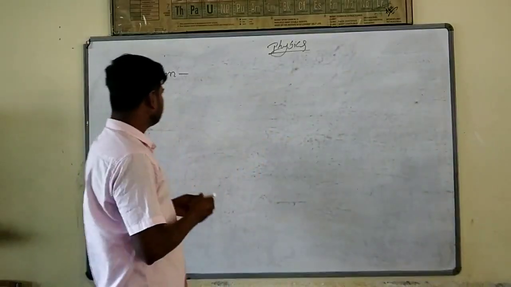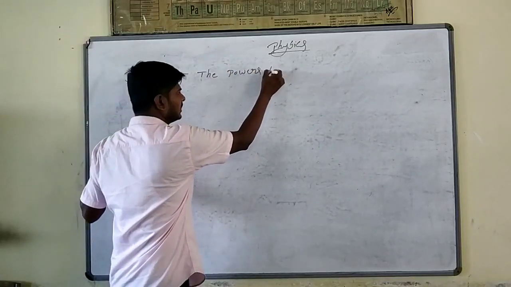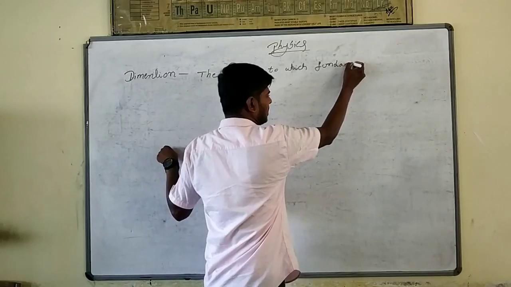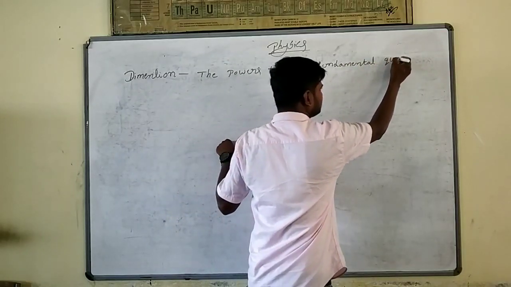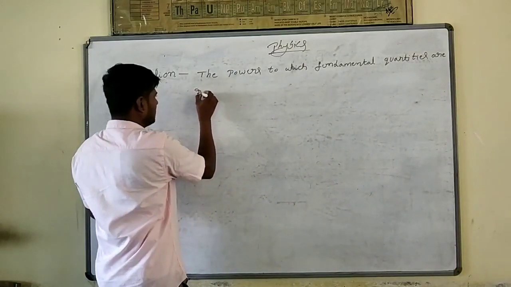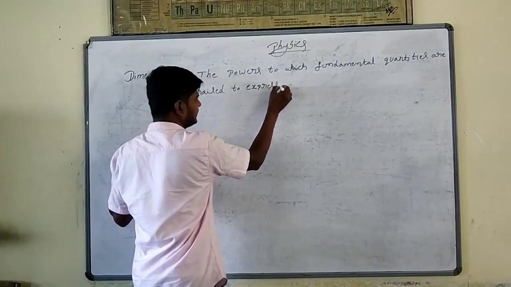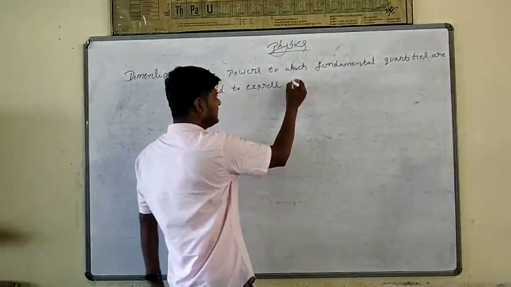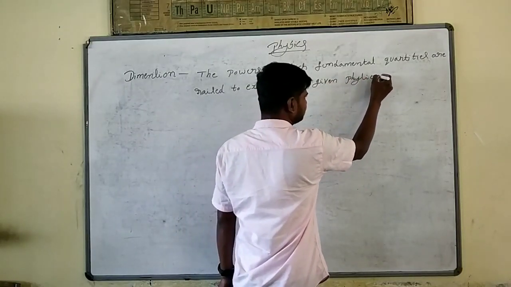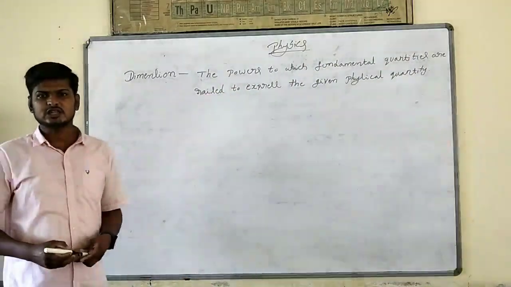Dimension means, the definition will be simple: the powers to which fundamental quantities are raised to express the given physical quantity. Clear? That's a simple definition.